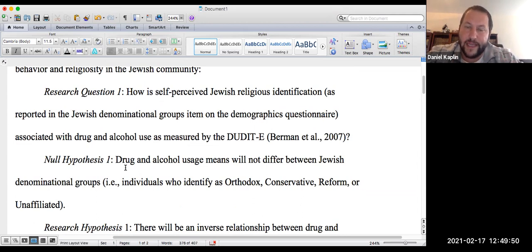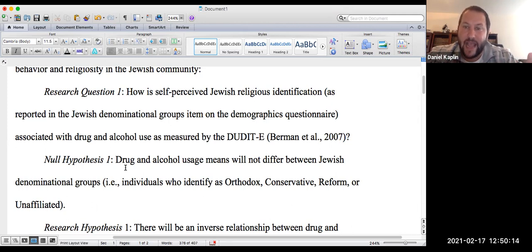Now, notice in the research questions, you're talking about your independent variable, you're talking about your dependent variable, and you're talking about your population. It's very similar to the title page. The person should have a clear understanding about how you're measuring this.